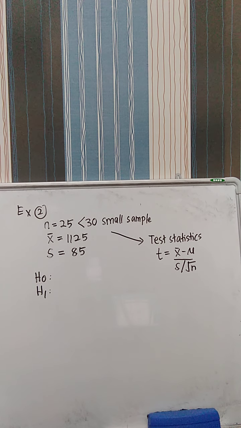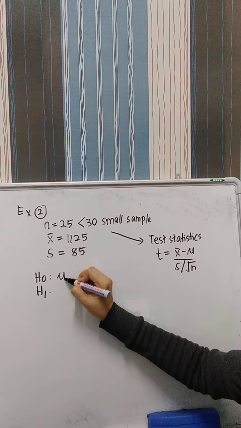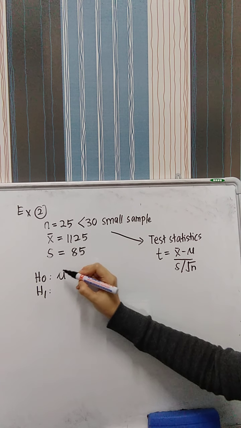The claim is that students who complete a 3 months typing course can type on average less than 1200.